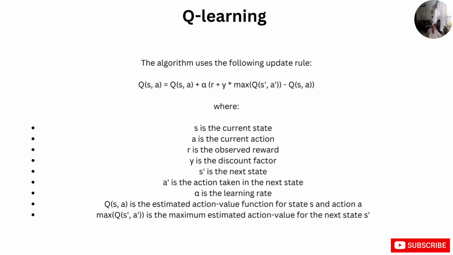As you can see above, where S is the current state, A is the current action, R is the observed reward, γ is the discount factor, S' is the next state, A' is the action taken in the next state, α is the learning rate, Q is the estimated action value function for state S and action A, and max Q is the maximum estimated action value for the next state S'.